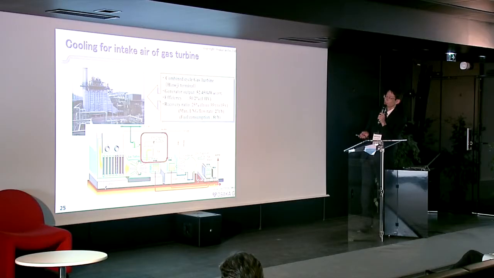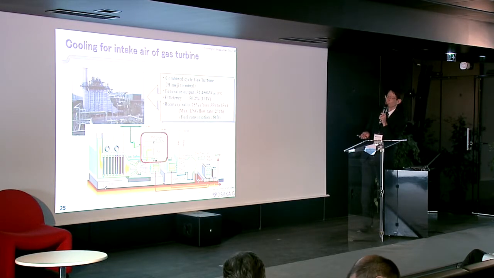For example, if ambient temperature is 35 degrees C, output is reduced to about 80% of this value, so 40 megawatt. But if we chill the inlet air, we can recover to this value.